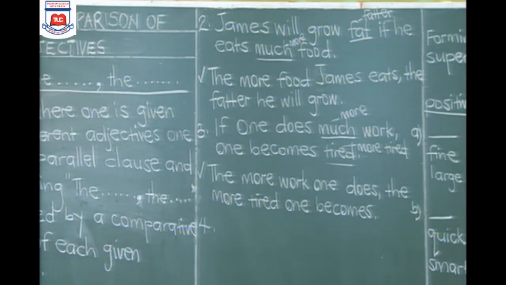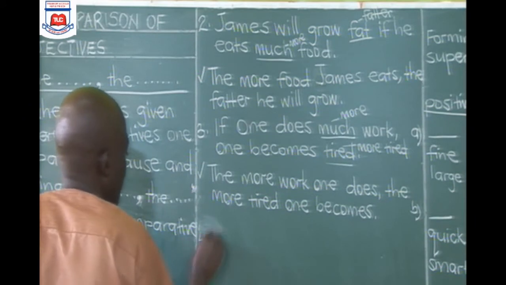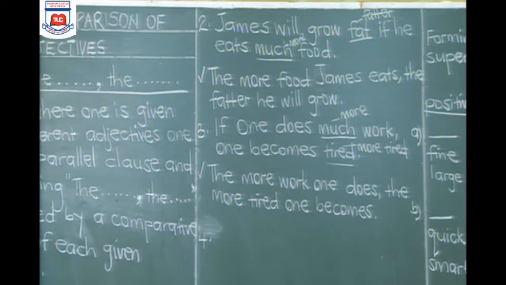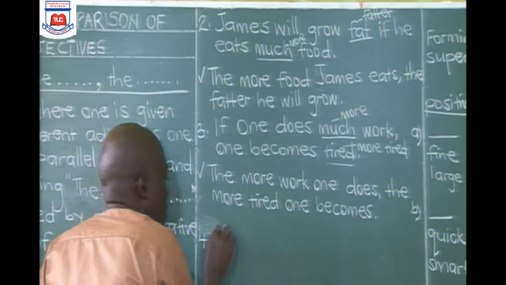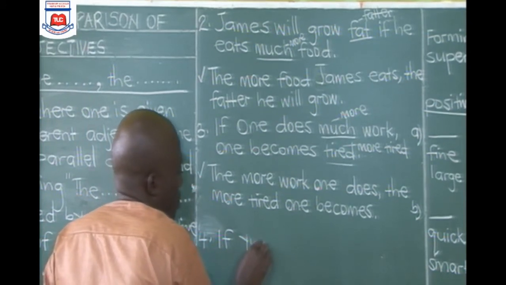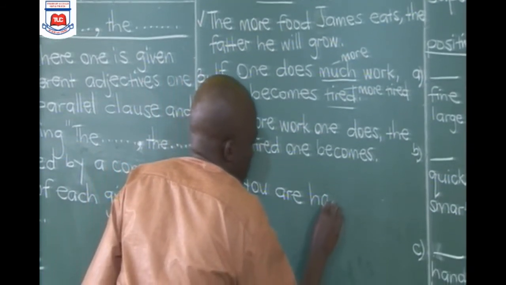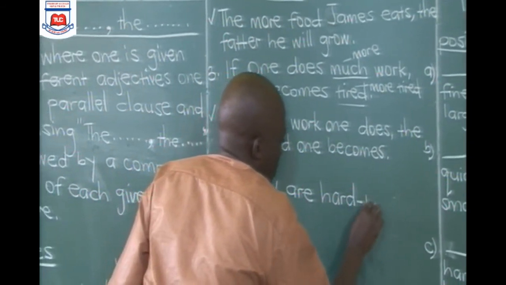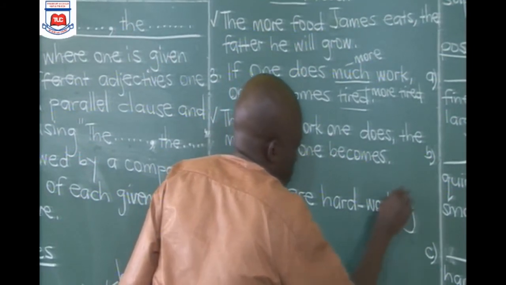That is example 4. Example 4 says, if you are hardworking, you become rich. When you are writing hardworking, make sure you hyphenate.